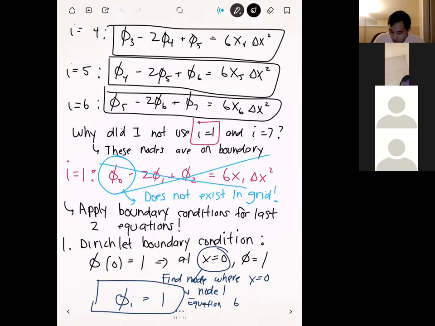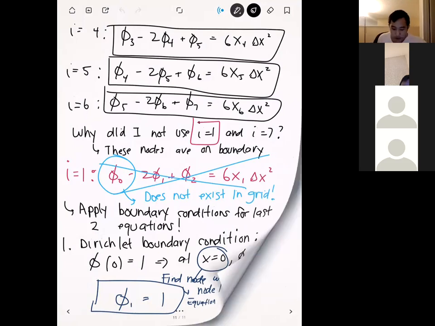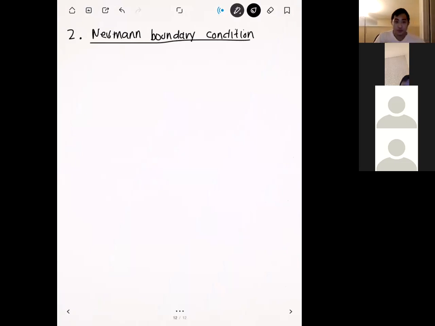Okay, and so let's do the Neumann boundary condition. The Neumann boundary condition on the right-hand side was like this.